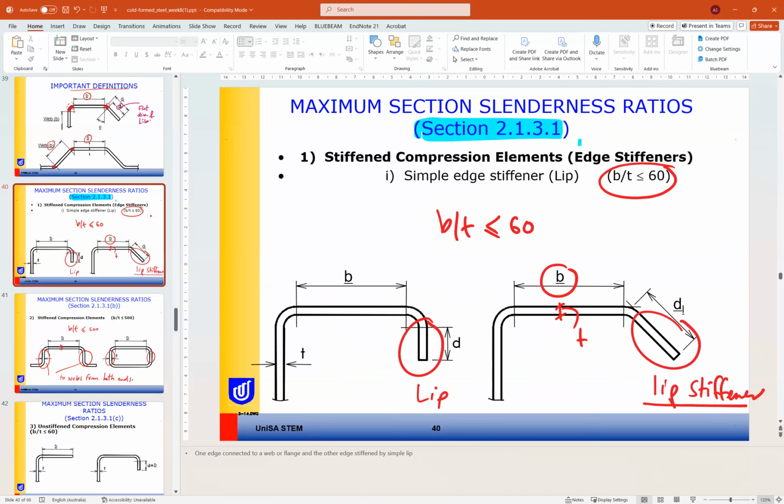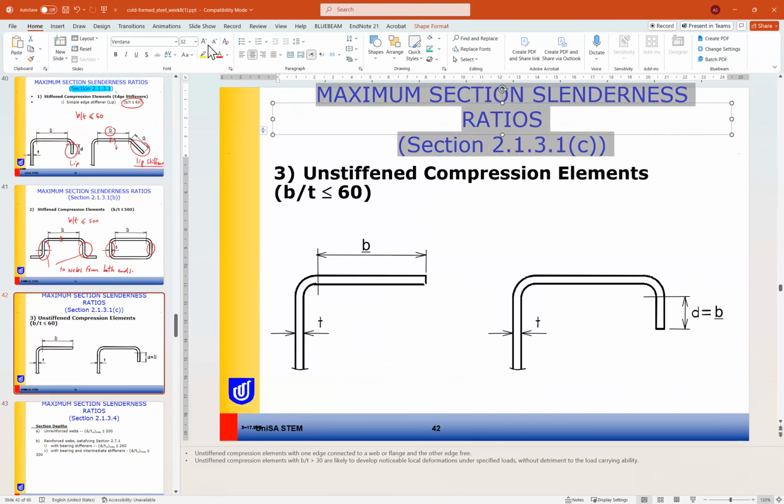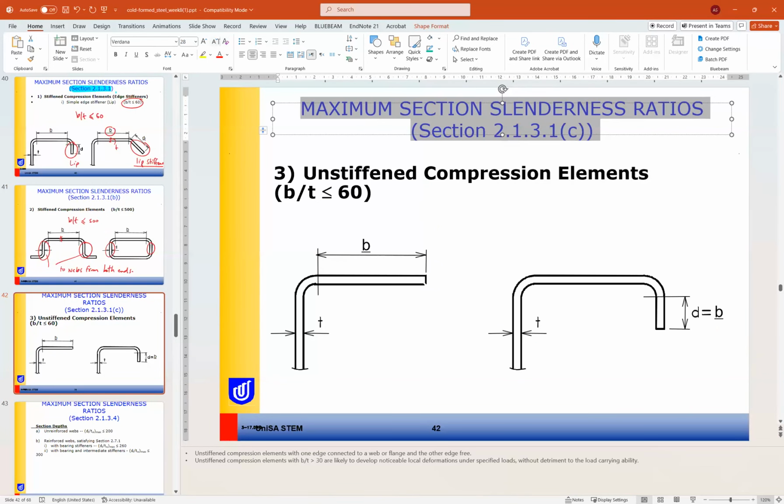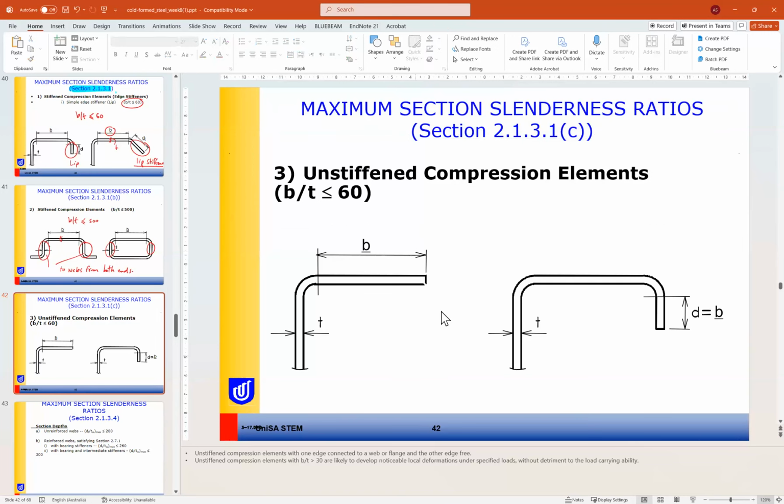So the support on one side is not strong enough, so 60. In this case, 500. The third one here, for an unstiffened compression element as well, b over t less than 60. So similar to the first one, b over t should be less than 60.